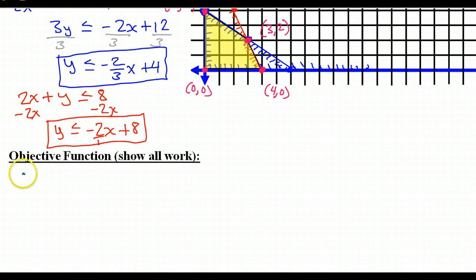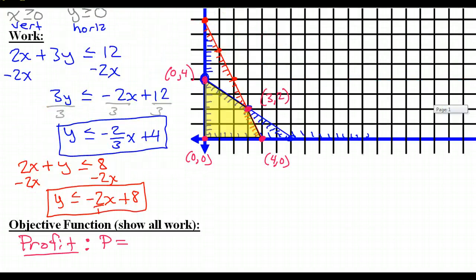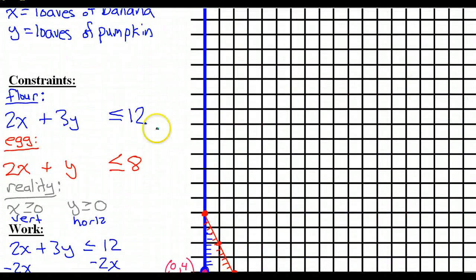So when we write our objective function, I'm going to use P. In this case, we're looking for a profit function, a function for profit. And I will use P for profit. Now, just like when we did our egg constraint and our flour constraint, we scanned through the problem looking for any mention of banana and pumpkin.